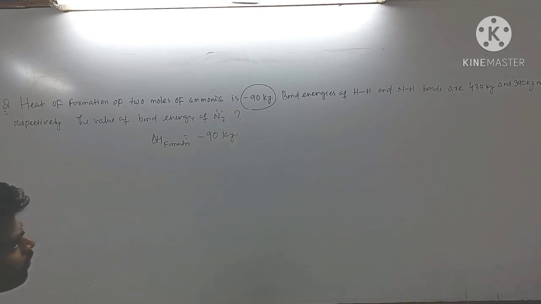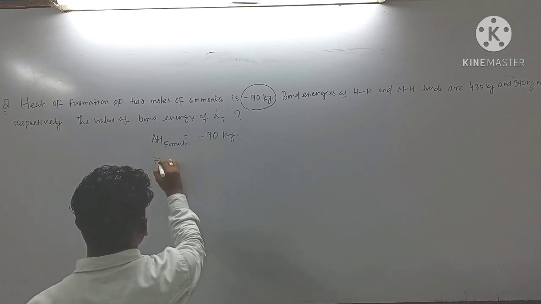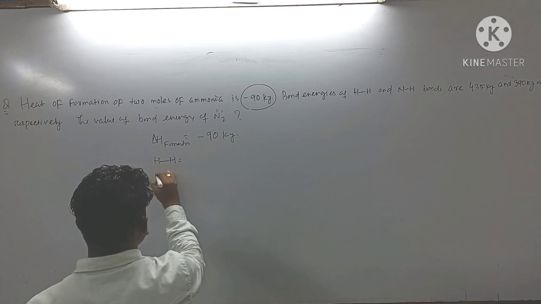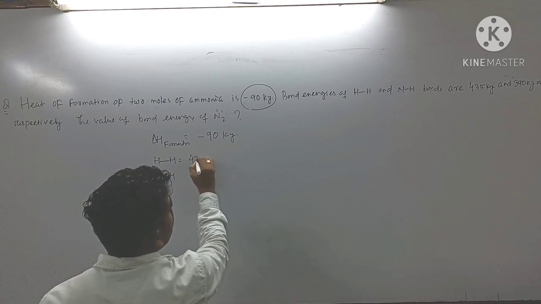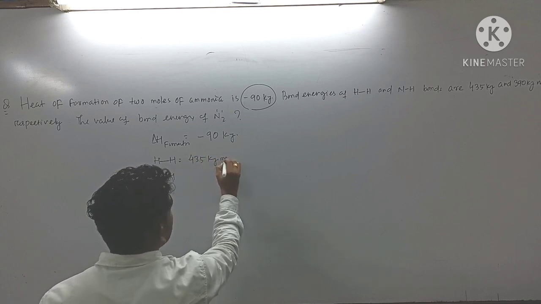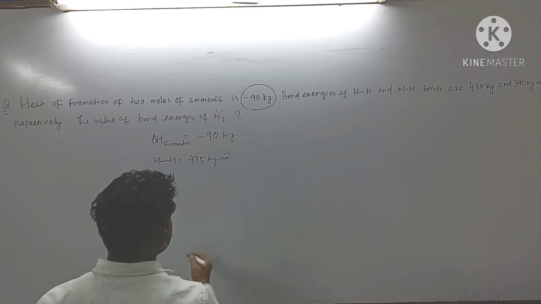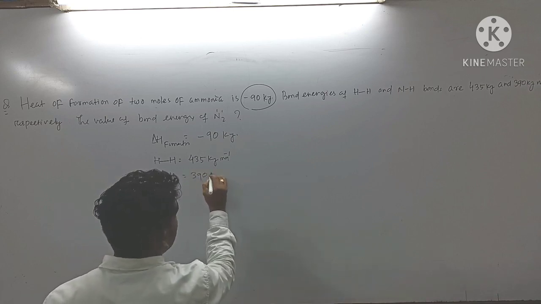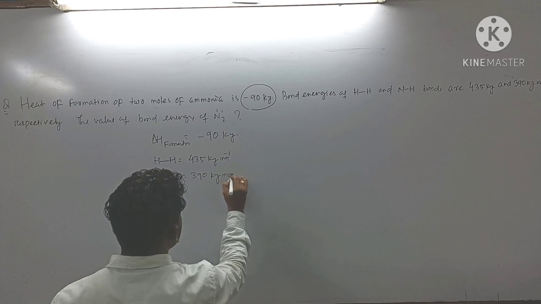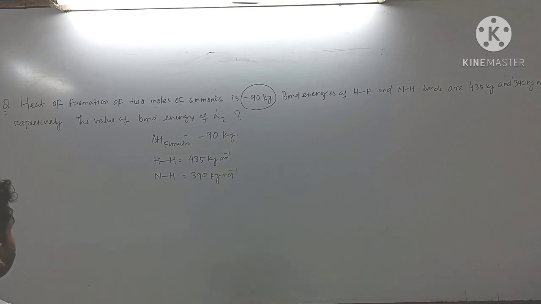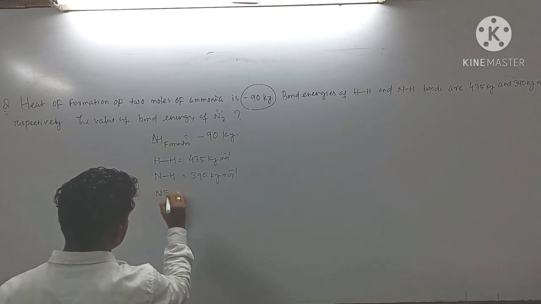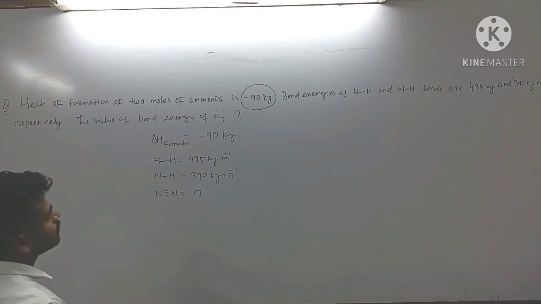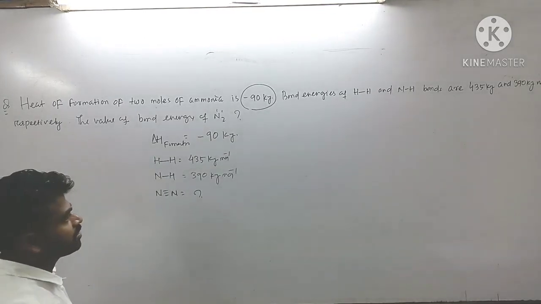Bond energies of HH and NH bonds are given as 435 kilojoule per mole and 390 kilojoule per mole respectively. The value of bond energy of dinitrogen, how much? Just write down this equation, formation of ammonia.